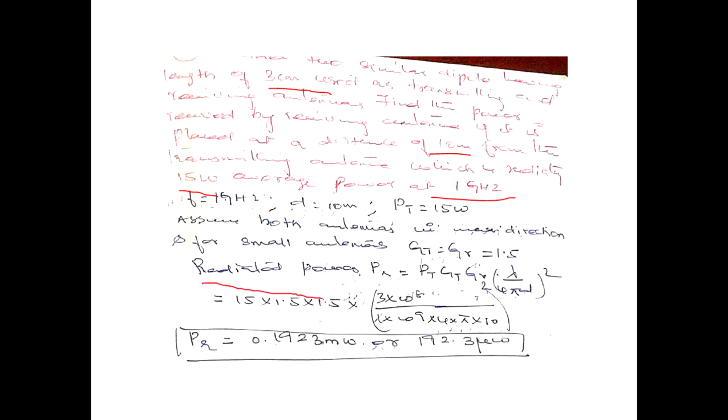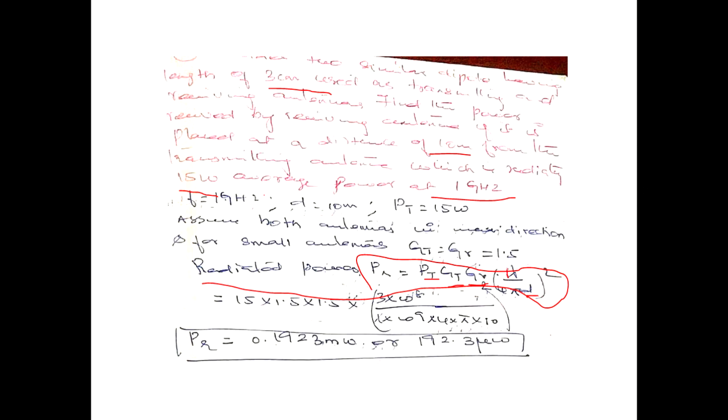According to the Friis formula, you know the formula for the received power, PR is equal to PT GT GR into lambda by 4 pi D the whole square, where PT is the transmitting power, GT is the transmitting gain, GR is the receiving gain, and D is the separation between the transmitting and receiving antenna.